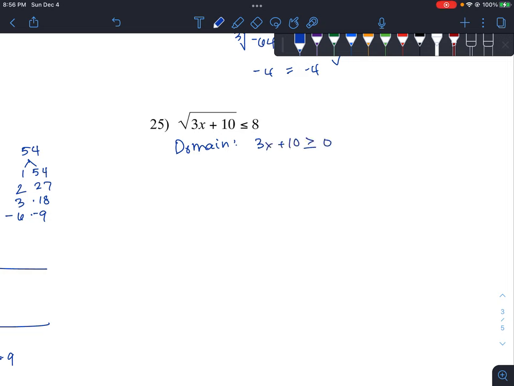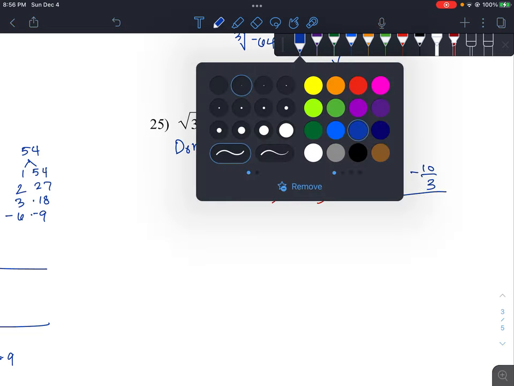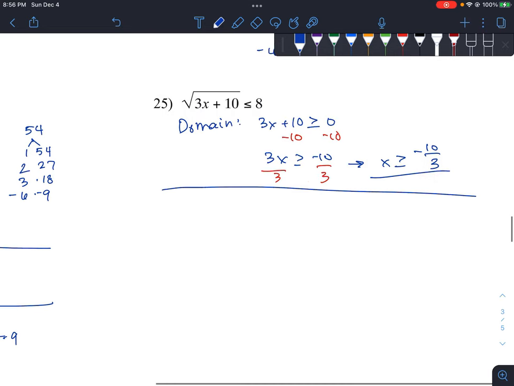So I'm going to solve this first. So minus 10, minus 10. So I get 3x is greater than or equal to negative 10. Divide by 3, divide by 3. Get x is greater than or equal to negative 10 over 3. So that's the first part, and let's see if it actually means anything with our equation.